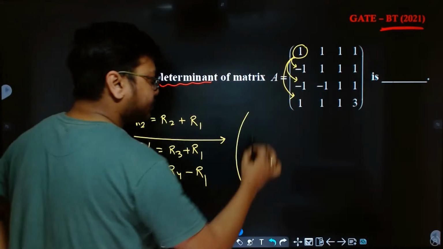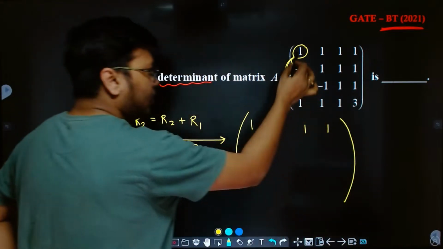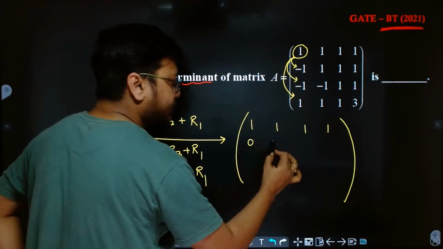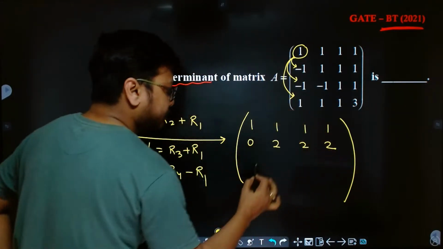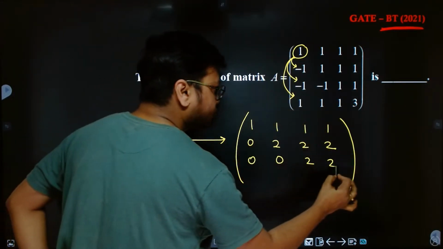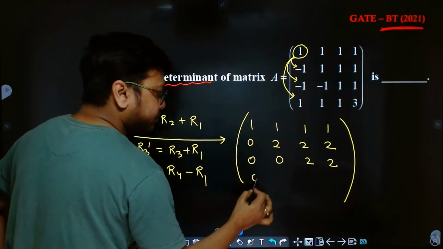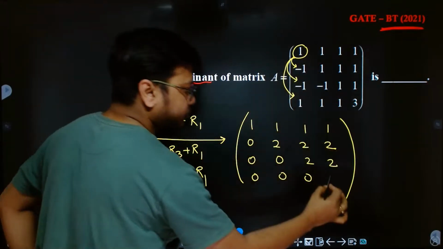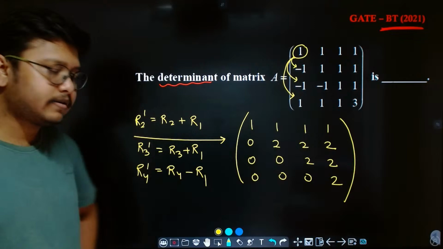So if I do this, 1 minus 1 0, this is 2 2 2 0 0 2 2. If I subtract 0 0 0, 3 minus 1 is 2, right?